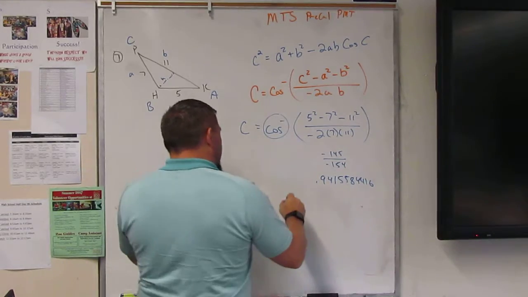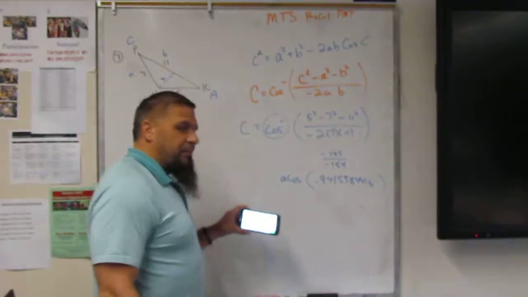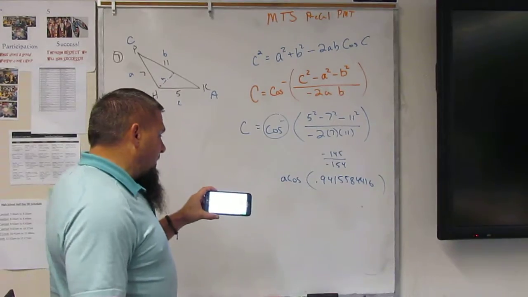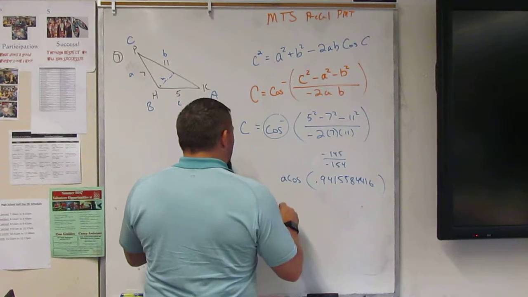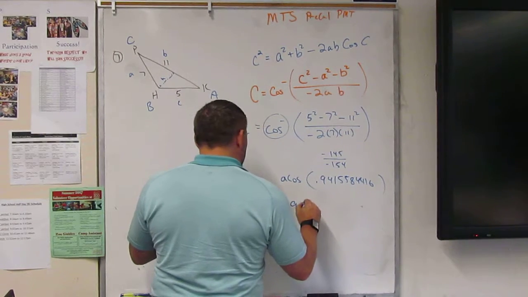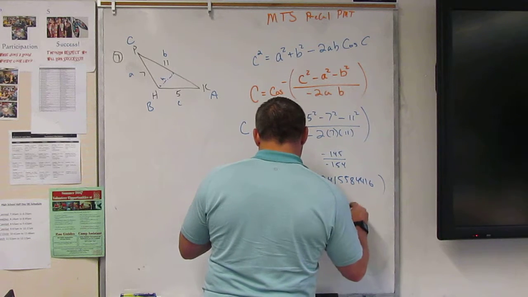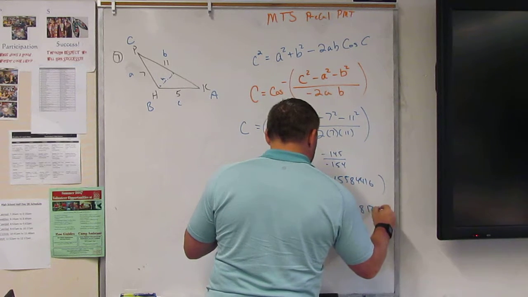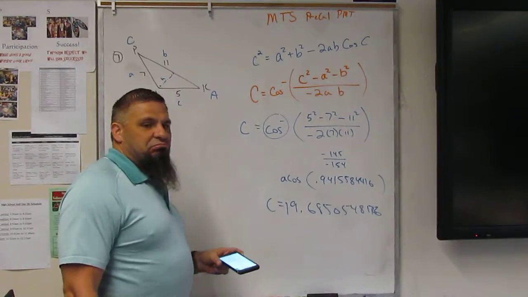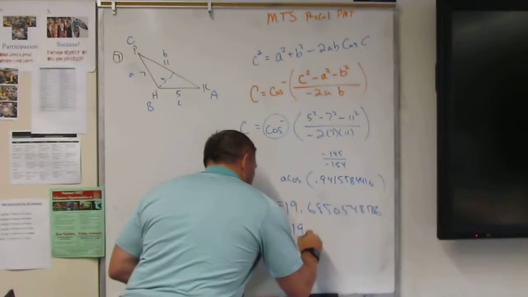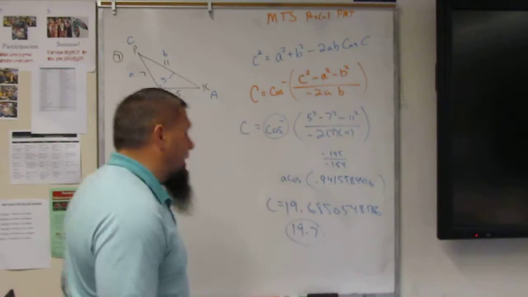See, and now it says cosine inverse of this. And then I hit equals, and it says, okay, equals. C is equal to 19.6850548176, right? So in other words, 19.7. Okay? So that's my angle.